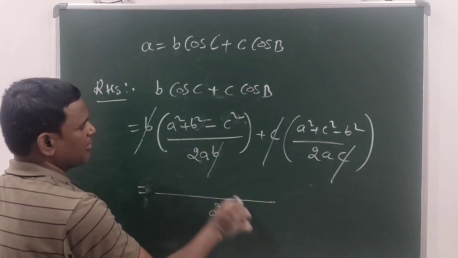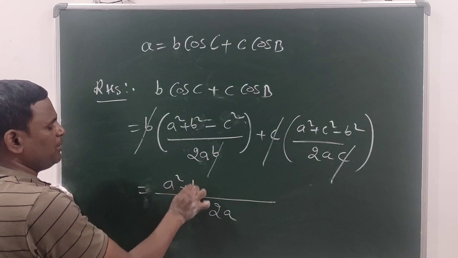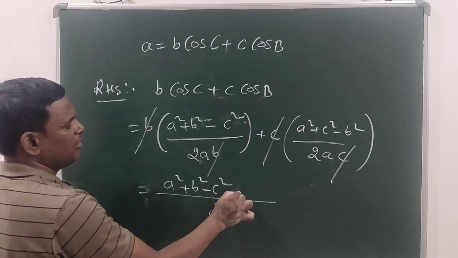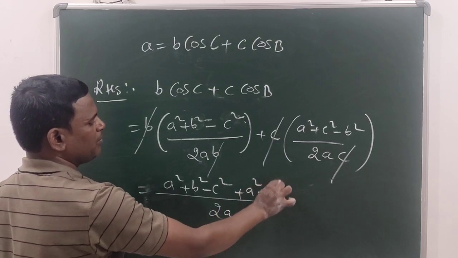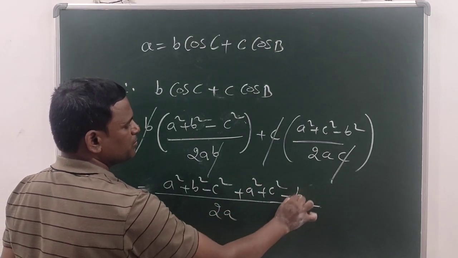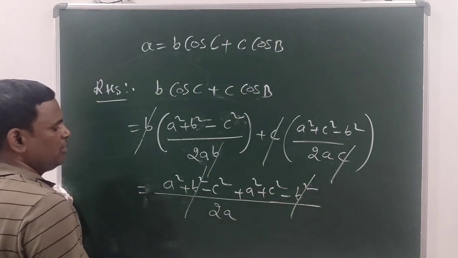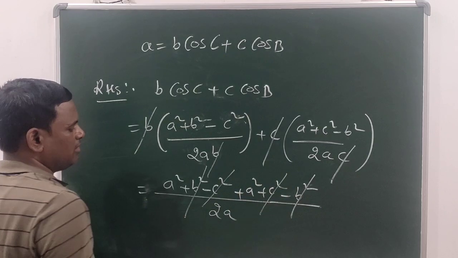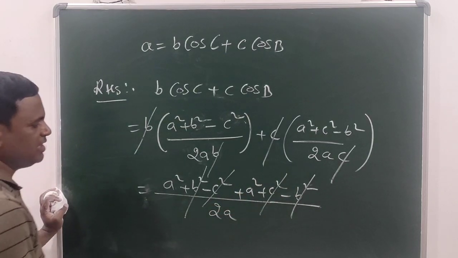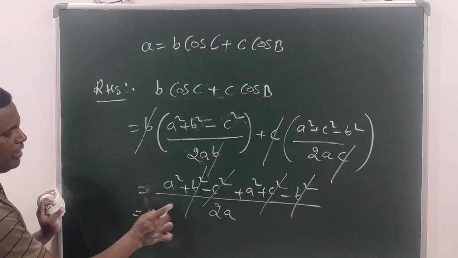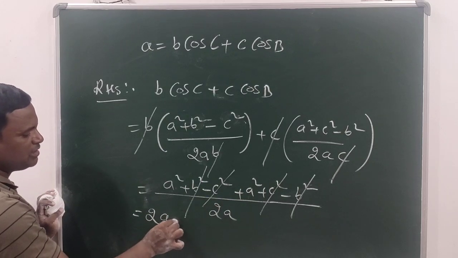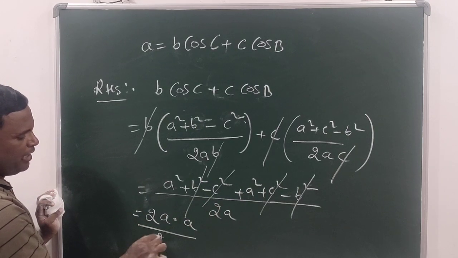LCM is 2a. Now here it is a square plus b square minus c square plus a square plus c square minus b square. Now plus b square minus b square gone, minus c square plus c square gone. Now what is left here? a square plus a square, that is equal to 2a square. That can be written as 2a into a whole by 2a.